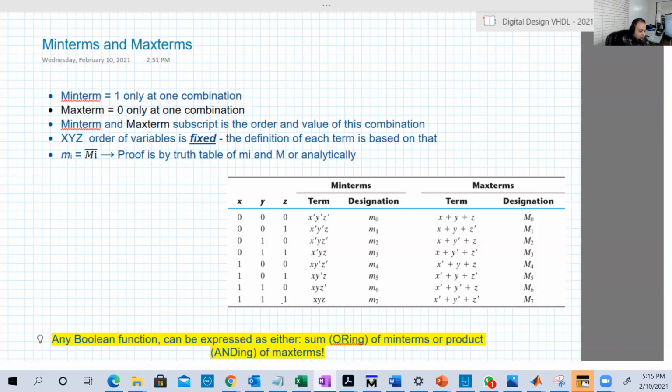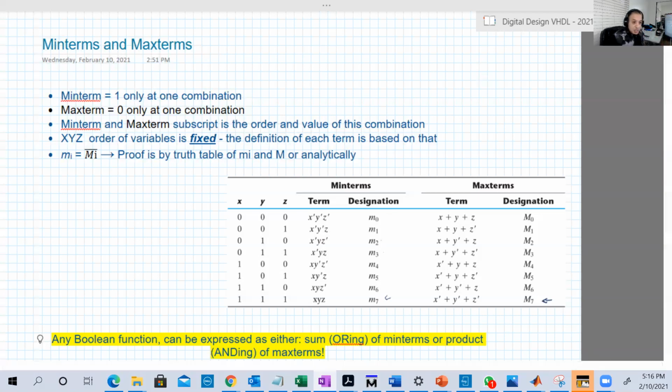The opposite. So here are the 8 combinations, and as we see, we have 8 min terms: one is called M0, M1, M2, M3, until M7. And we also have 8 max terms: capital M0, capital M1, until capital M7.